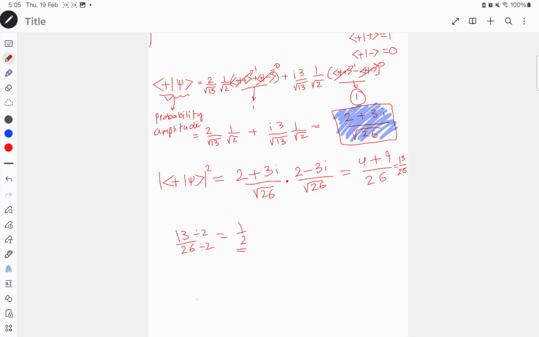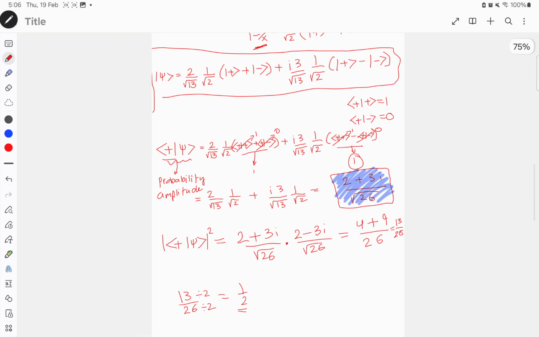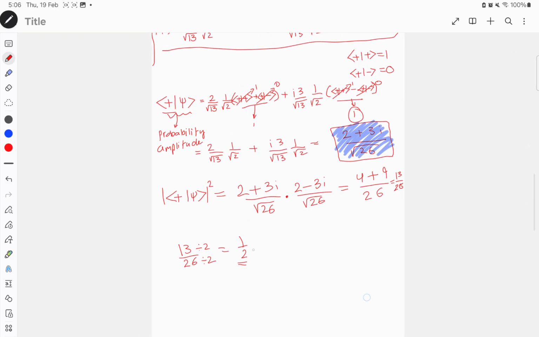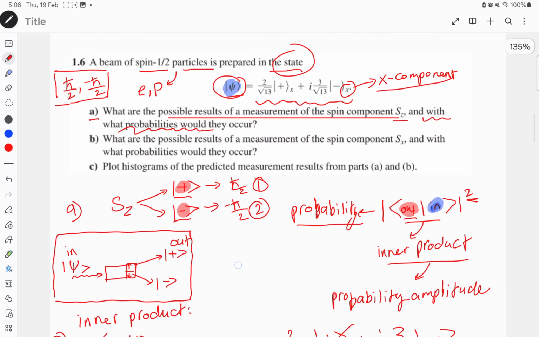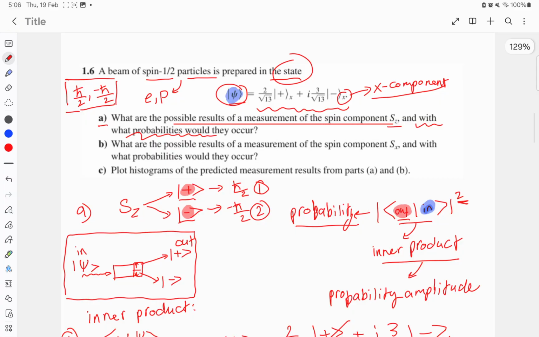If we have any state that is half, I don't know if my explanation will be correct. It's correct, but I don't know if you will understand it. This state is normalized.